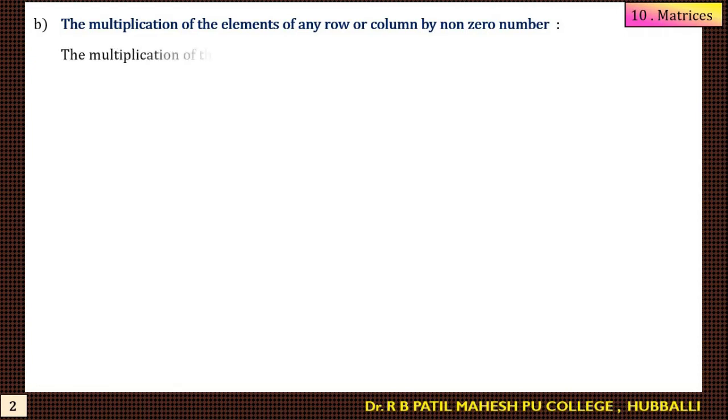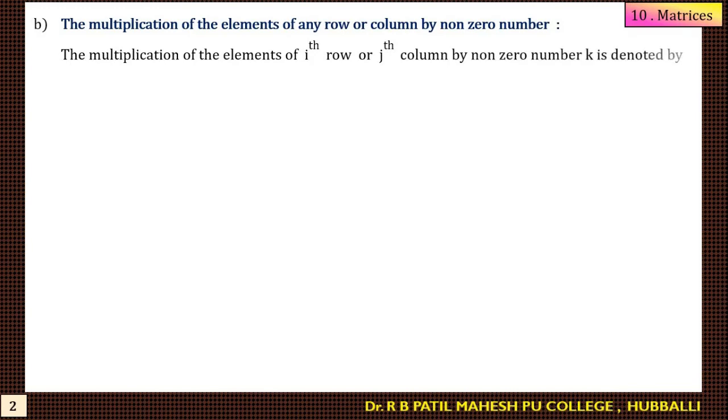The multiplication of the elements of the ith row or jth column by a non-zero number k is denoted by Ri, arrow, kRi. This arrow mark represents change. Ri changes to kRi. That means the ith row elements are changed by multiplying by k.